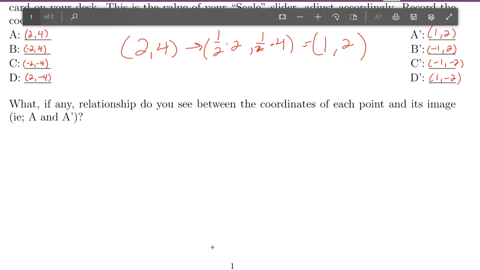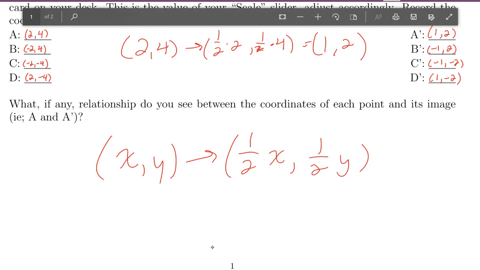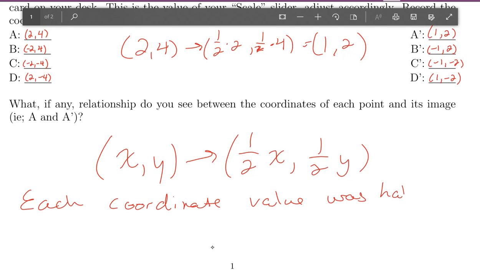So we can say that each x, y under the transformation is mapped to 1/2 x, 1/2 y, or each coordinate value was halved.